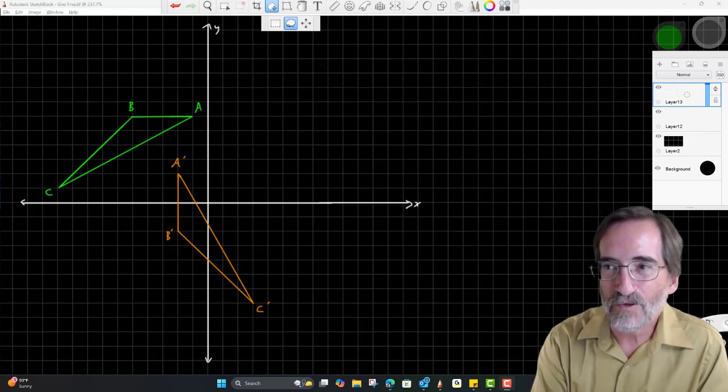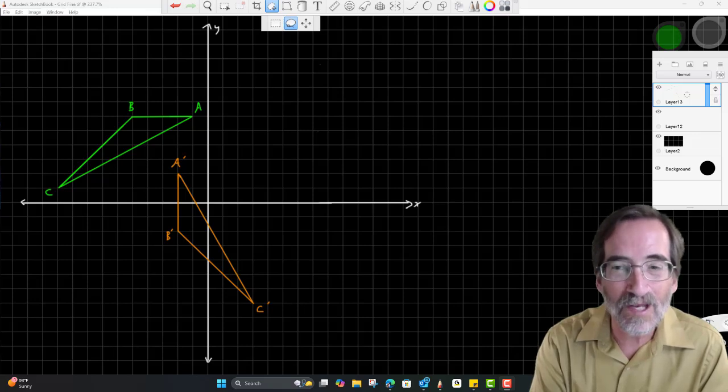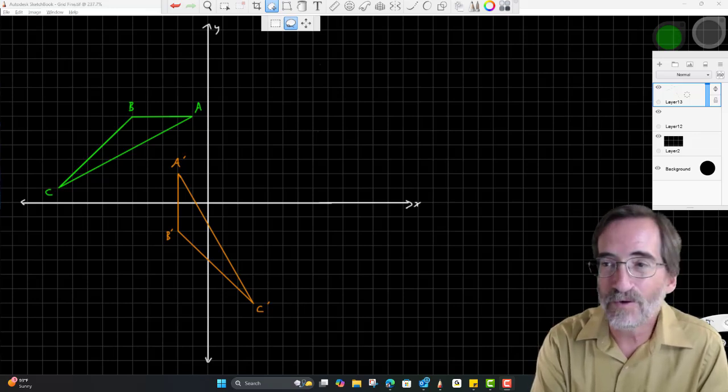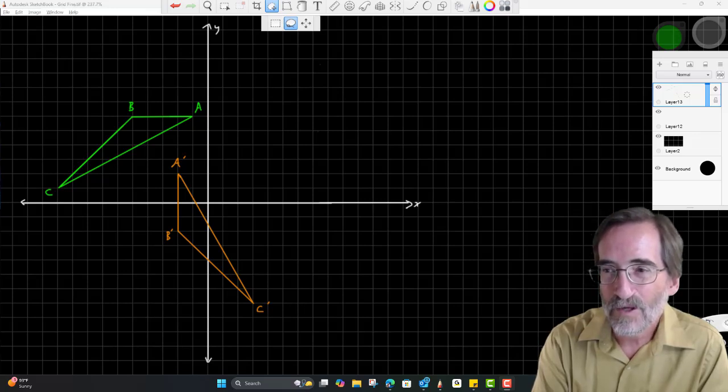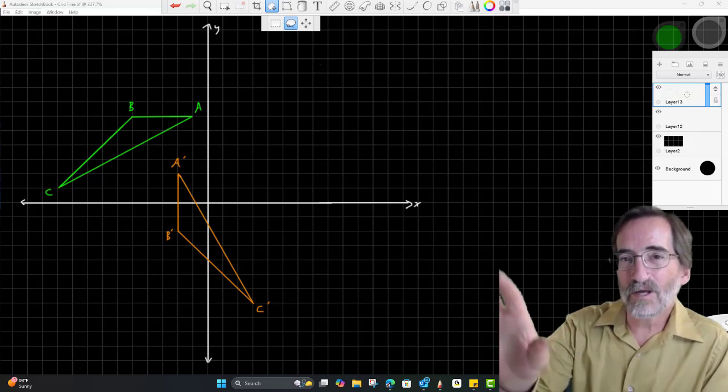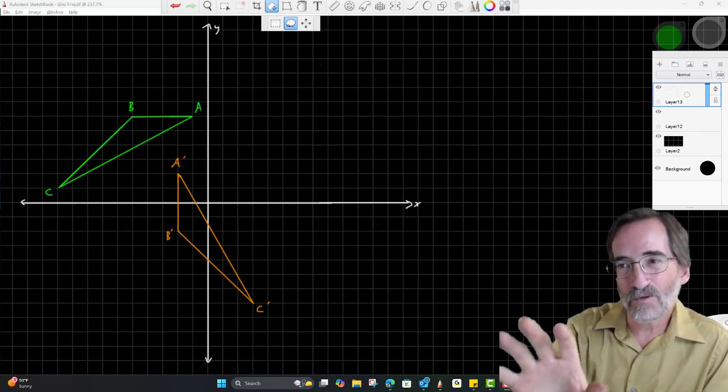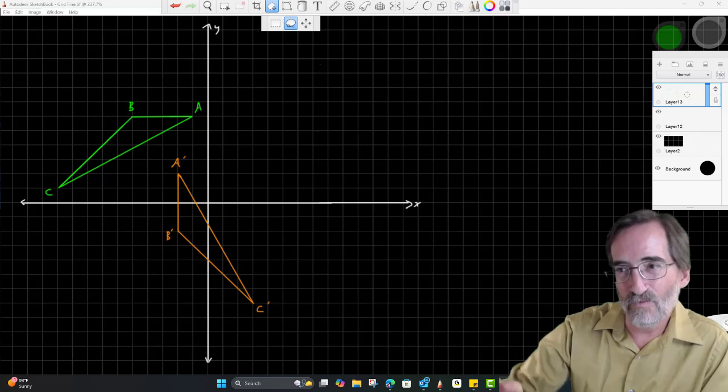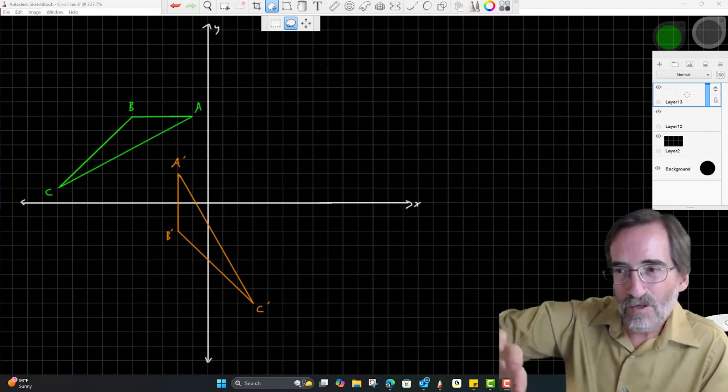Let's think about this a little bit. Remember our transformations. We have rotation, reflection, and translation. That is flipping, spinning, and sliding, right? And so we can't simply slide the green triangle onto the orange triangle. But it looks to me like if we take the green triangle and move it down and rotate it, we could get it to match.